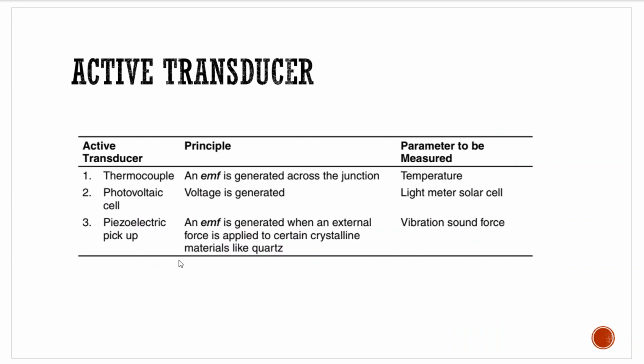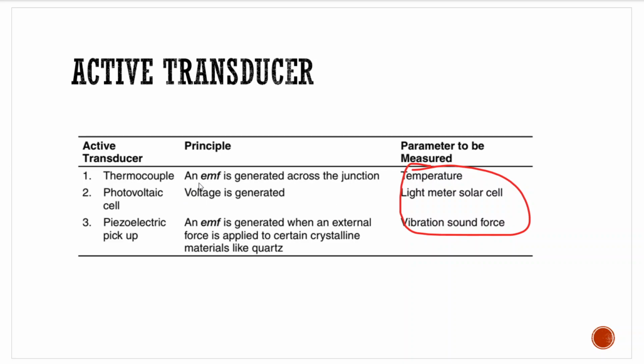Then there are active transducers. There will be a number of active transducers that we'll be studying. Some of these are mentioned here: a thermocouple, a photovoltaic cell, a piezoelectric device. So again, using these devices, you can measure some non-electrical quantities like temperature, light meter, or vibration sound. The difference in these transducers from passive transducers is that they will be able to generate EMF, they'll be able to generate energy on their own. ठीक है?